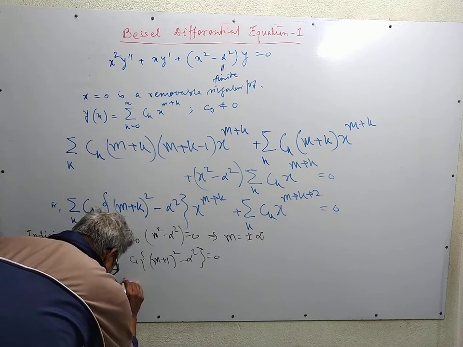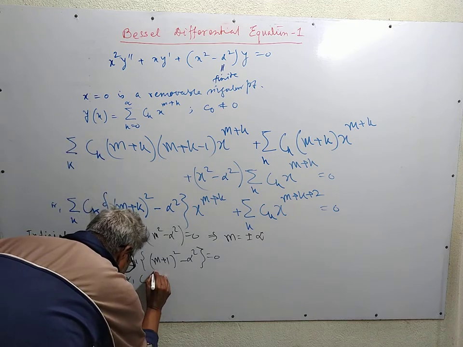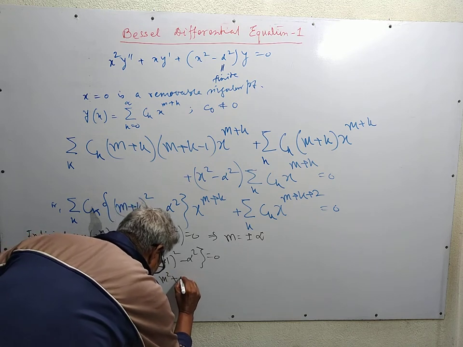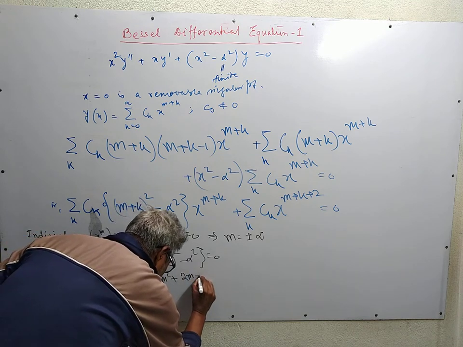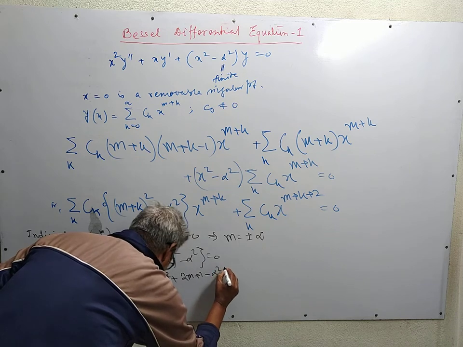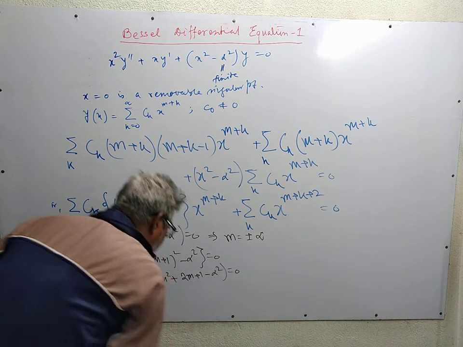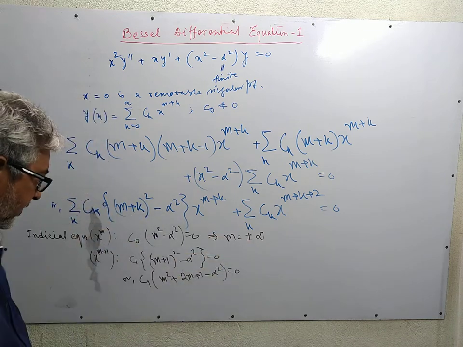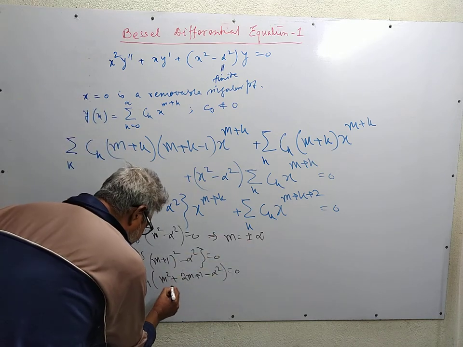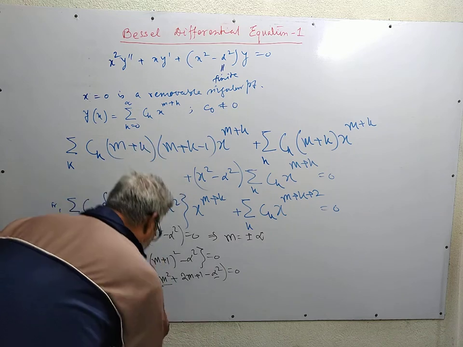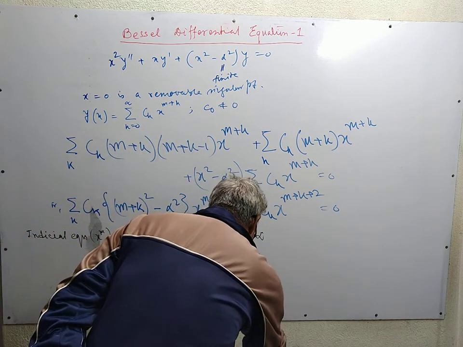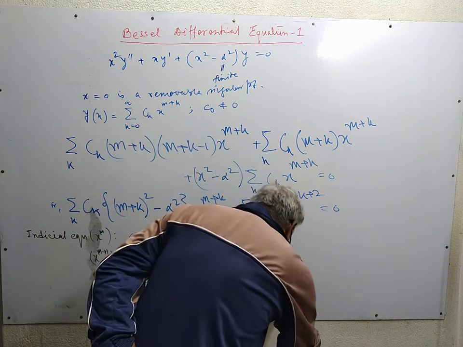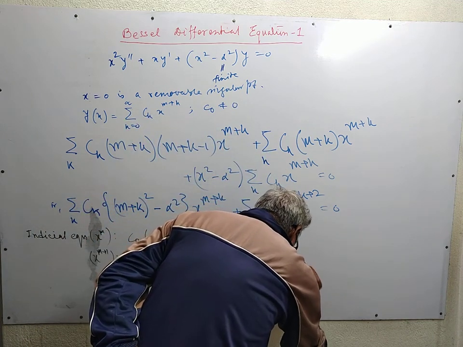We write it as c1 times (m squared plus 2m plus 1 minus alpha squared) is equal to 0. From here we know that m squared is equal to alpha squared, so these two terms cancel each other and we are left with c1 times (2m plus 1) is equal to 0.